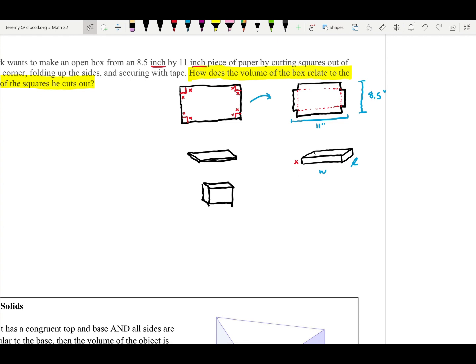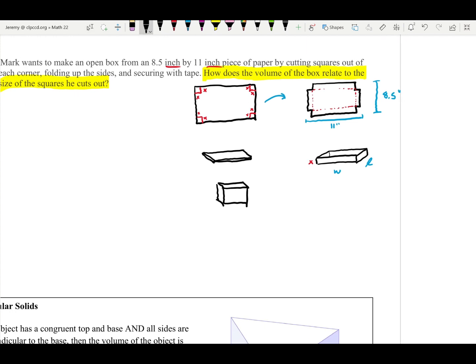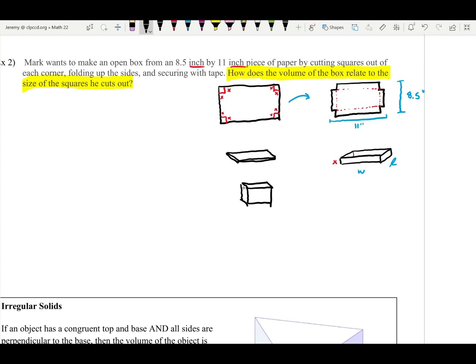All right, so the width is not going to be 11. It's going to be 11 minus x on this side minus x on this side. So 11 minus 2x. So here's what our formula should look like. Volume, of course, is always length times width times height.